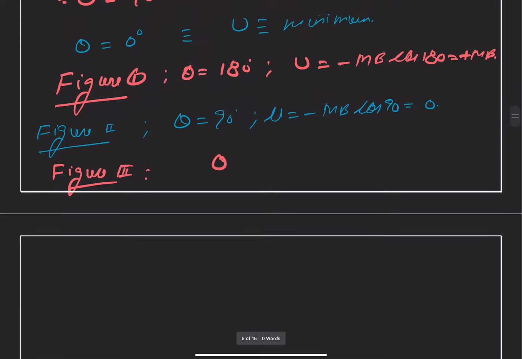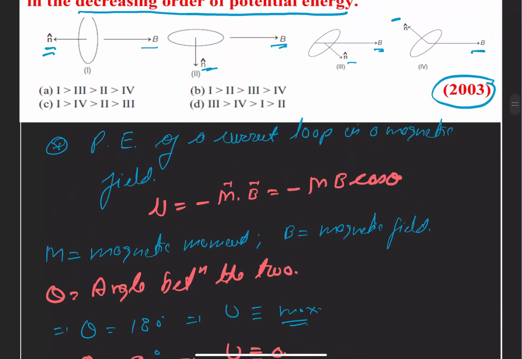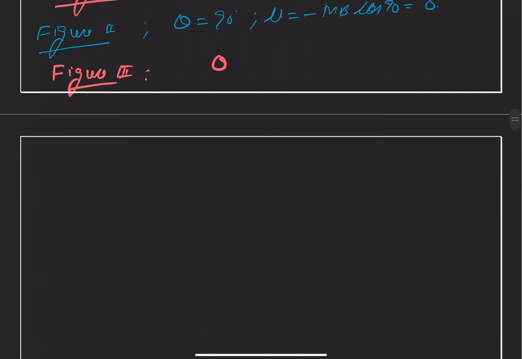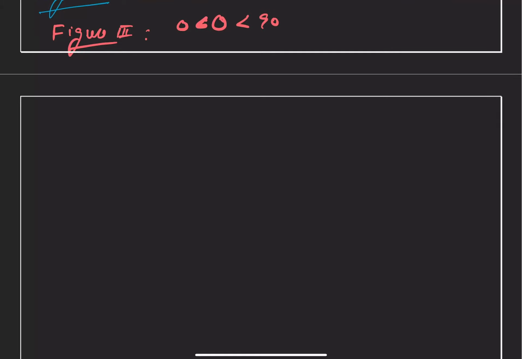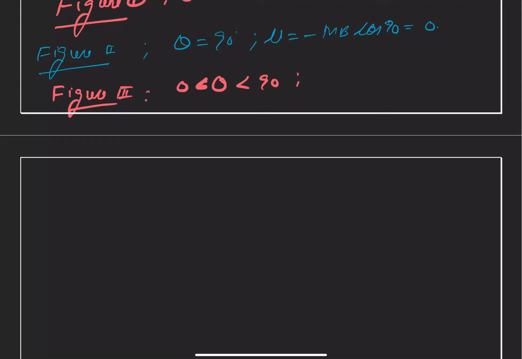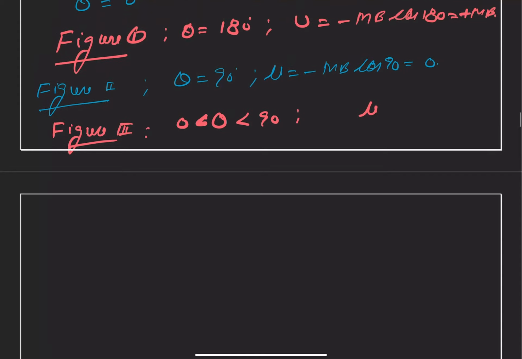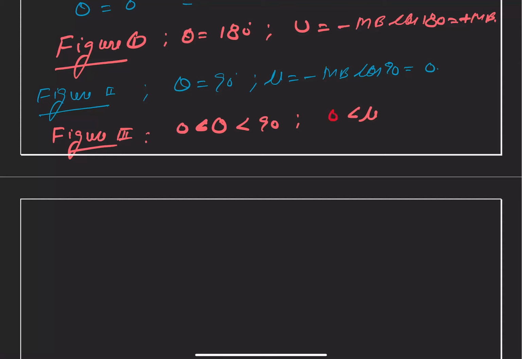Here theta is greater than 0 but less than 90, and based on this you can say that our energy U will be lying somewhere between minus mB and 0, because cos 0 is going to give minus mB and cos 90 is equal to 0.